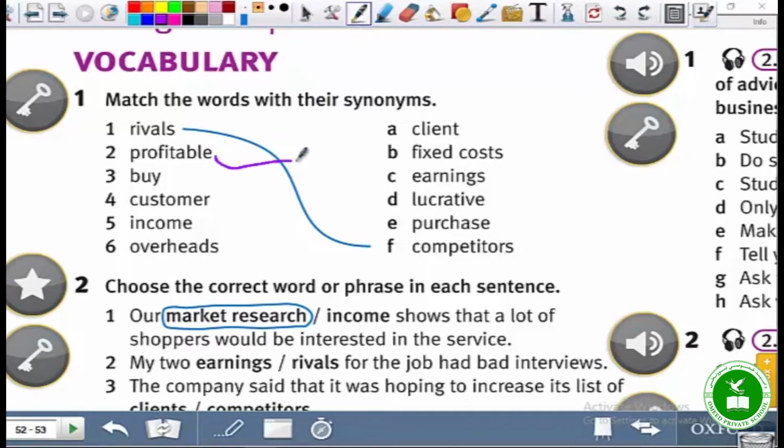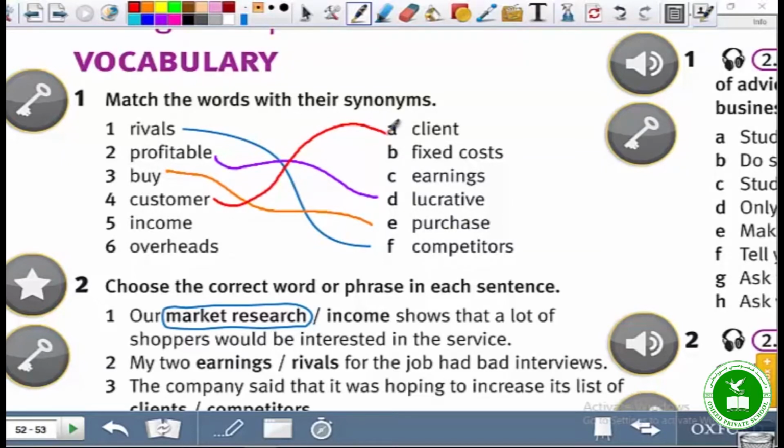What about the next one? Buy. What does buy mean? Yes, you are correct. Buy means purchase, to purchase something. What's the next word? Customer. Customer means client.